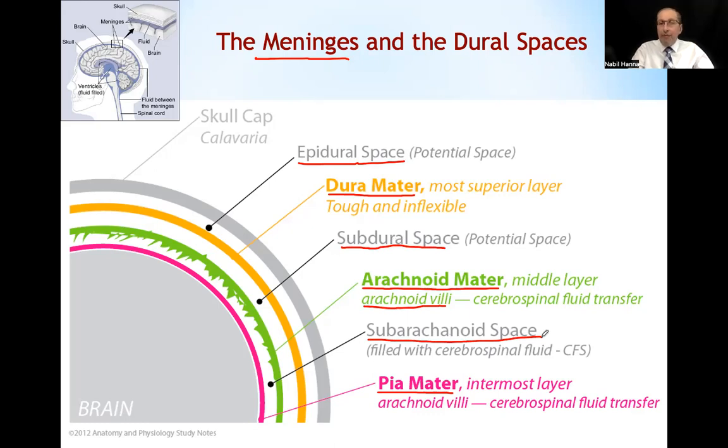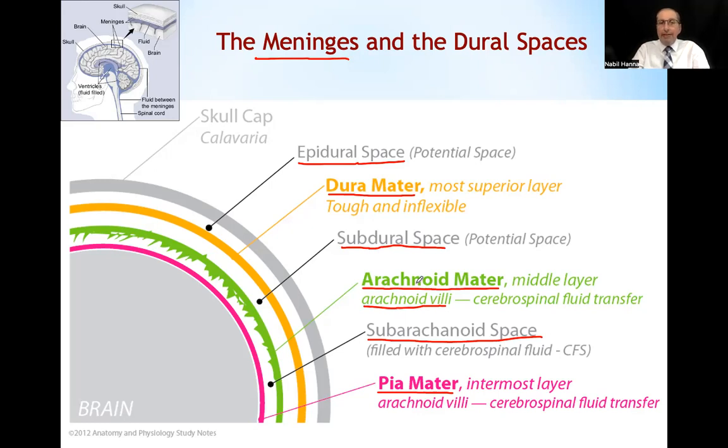The cerebrospinal fluid is produced by the 4th ventricle in the brain, and it circulates and fills the subarachnoid space, and it serves a cushion-like function to further protect the brain. And this cerebrospinal fluid is drained via some villi that come out of the arachnoid mater, hence the name arachnoid mater.